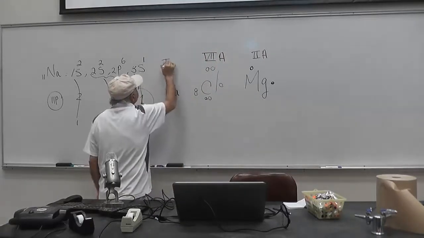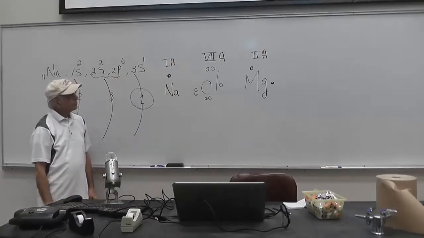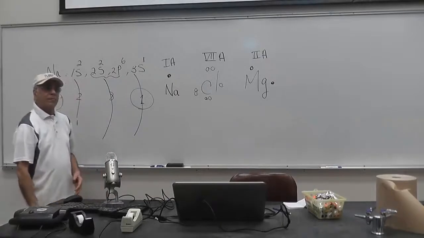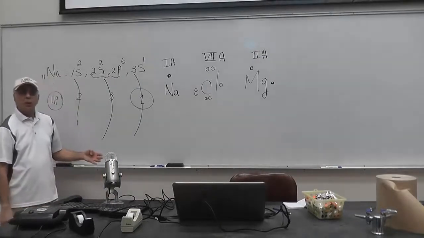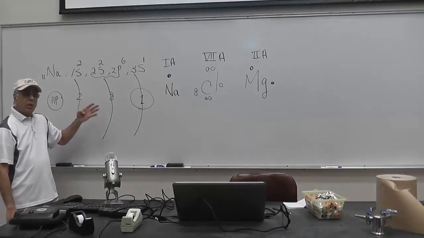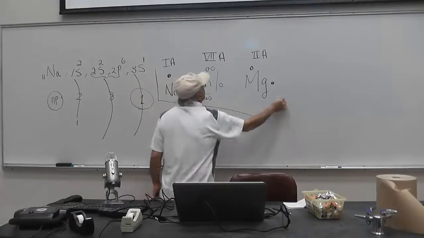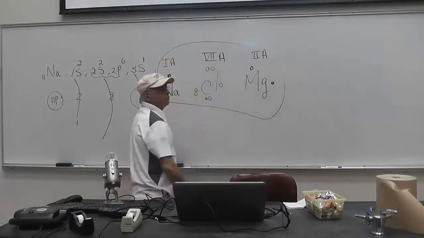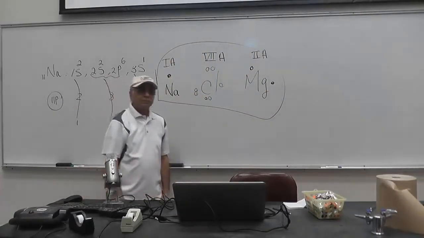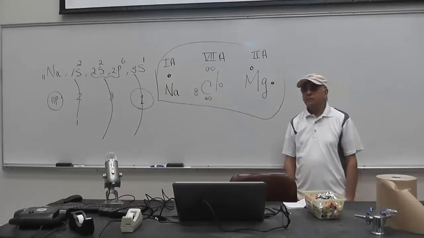Group 1A, 1 valence electron, right? So why don't I make our life easier instead of writing the full notation? Another way of trying to predict behavior of an atom is to show the electron dot formula. We just show the number of electrons in the outermost shell. Yes?